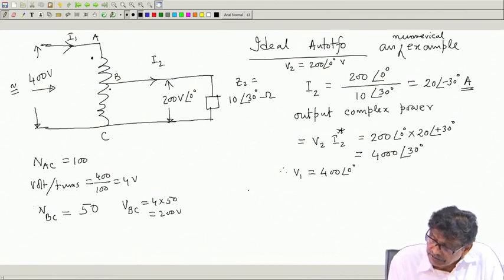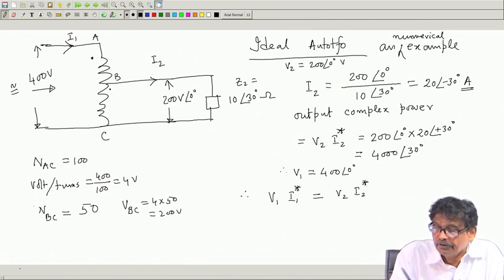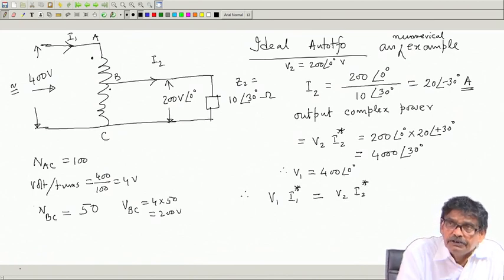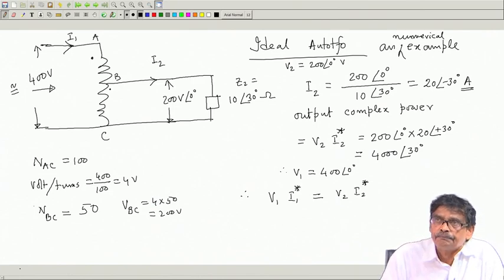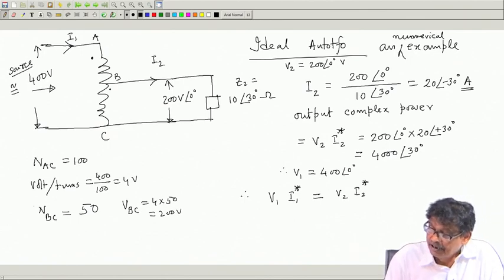So, what I will do is, I will say that V1 I1 star must be equal to V2 I2 star. Whatever you dump on the load must be drawn in from this source side, this is source. It must be like that.